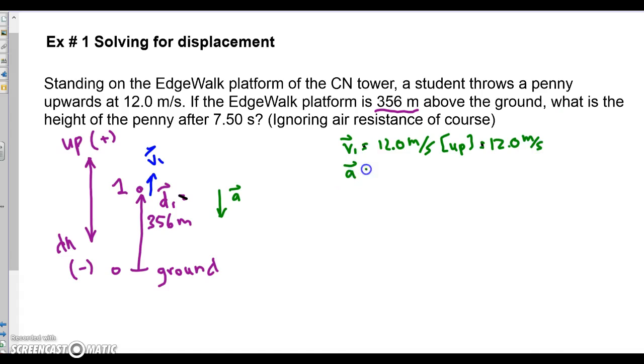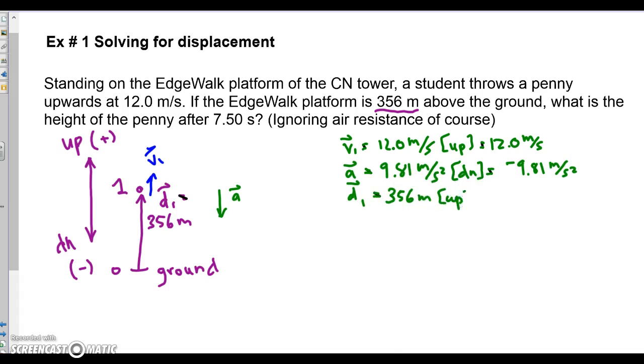We know that the acceleration is 9.81 meters per second squared down, so that's equal to negative 9.81 meters per second squared. We also know d1, the initial position, is 356 meters up, so that's positive 356 meters.